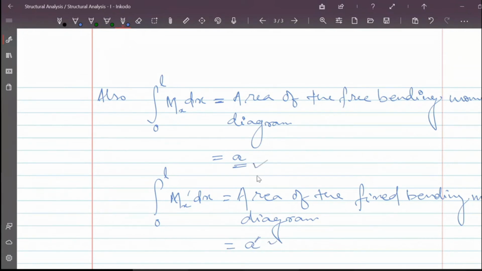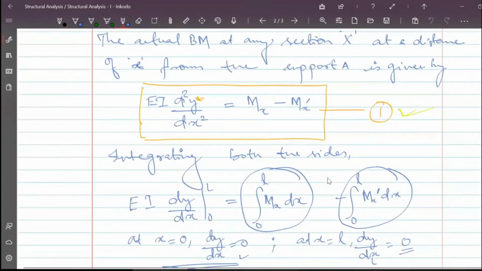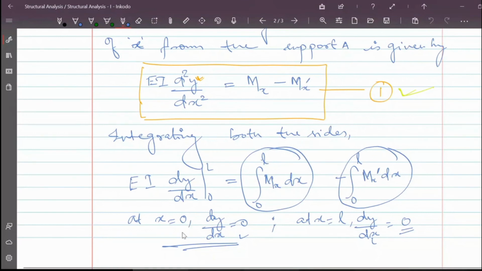Now if we substitute these two conditions, dy by dx at 0 and L, both values are 0.